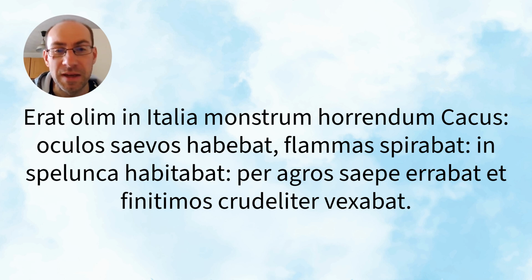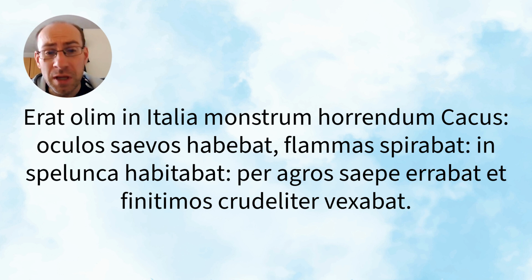We're not talking about a specific action here. It's a general ongoing situation. Per agros saeperabat, imperfect. Errare, to wander, to stray. That's where we get the word error from. If you are erroneous, you've strayed, you've wandered from the truth, from the correct answer. So that's an error, isn't it? But in this sense, just to wander.